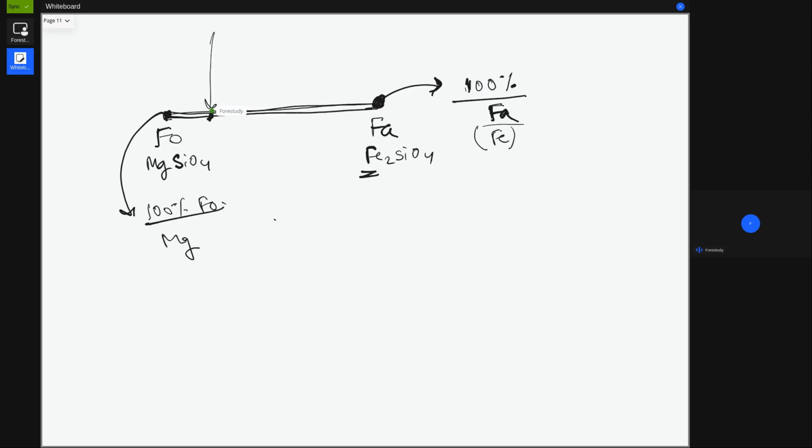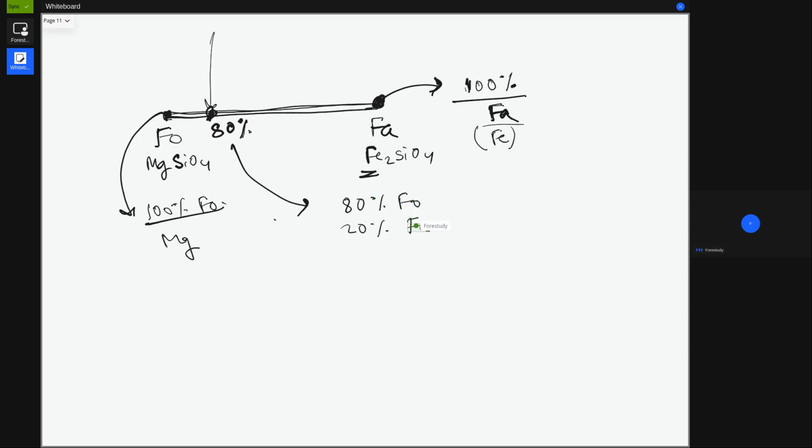If I find a rock here, say 80% Fo, we have 80% Fo and 20% Fa.